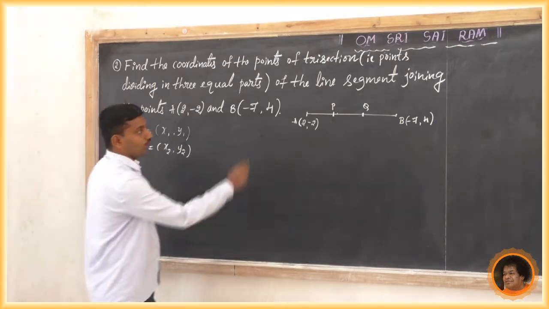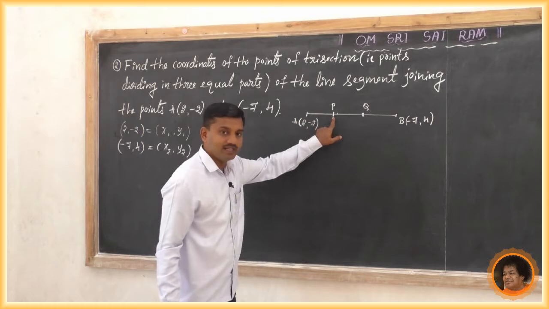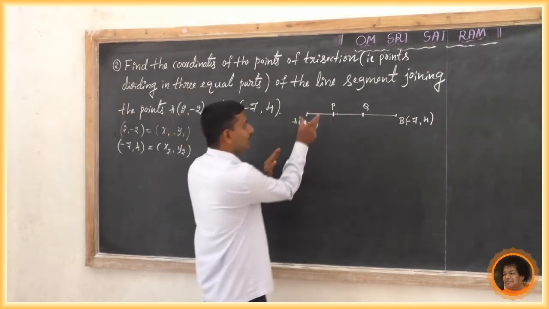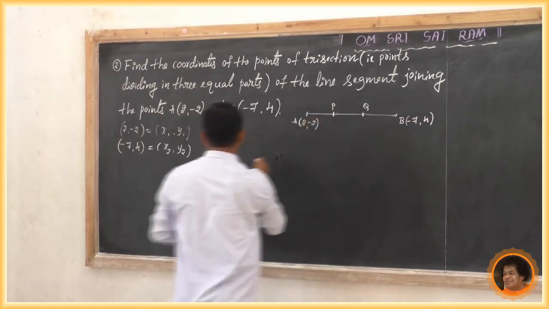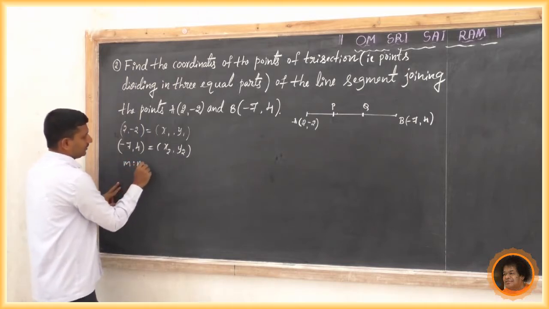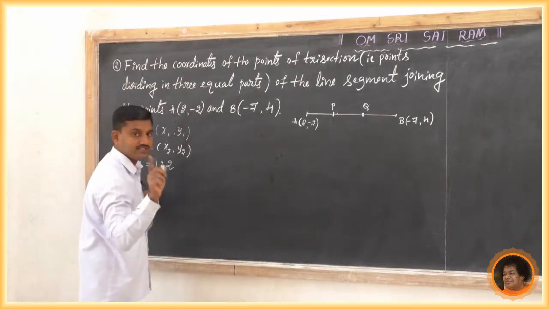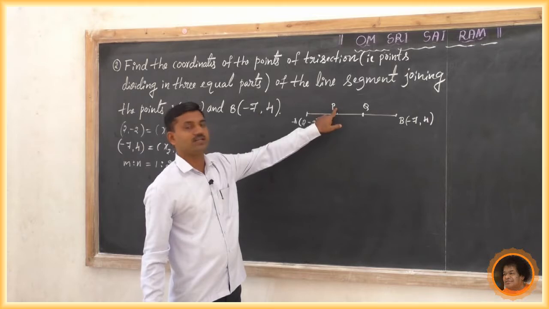And then what is the ratio? P divides AB in the ratio 1:2. Why is it 1:2? First here is 1 unit and next is 2 units. So the ratio m:n equals 1:2. So we have to find the coordinates of the point P.